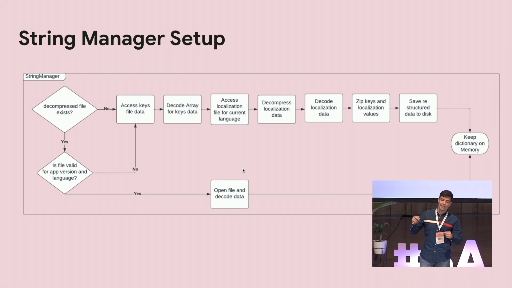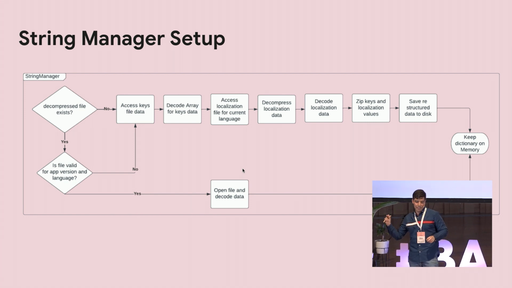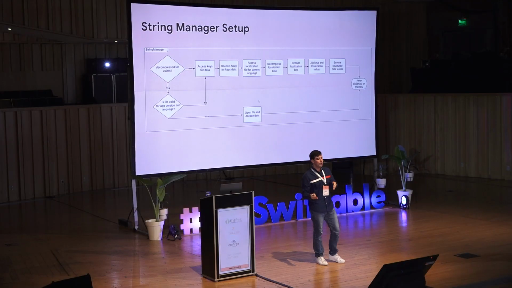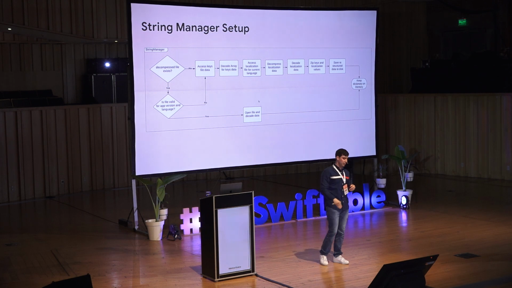After that, we're going to save that representation, that dictionary, in a file, and we're going to append the app version and the language that we used to generate this file. We do this so that the next time we get a subsequent launch, we are going to use this file instead, so we don't go through the whole decompression steps.